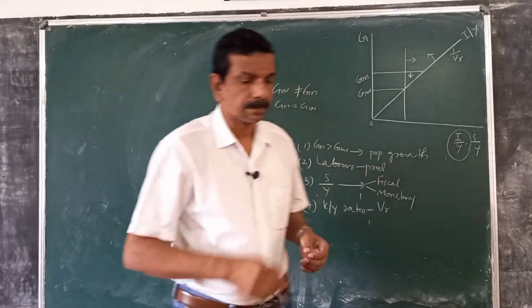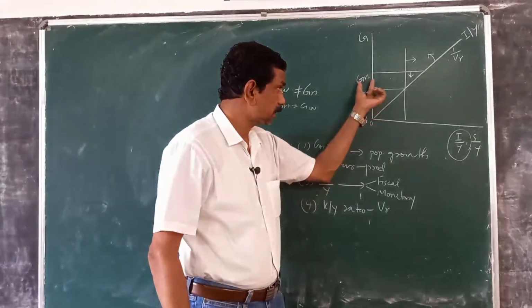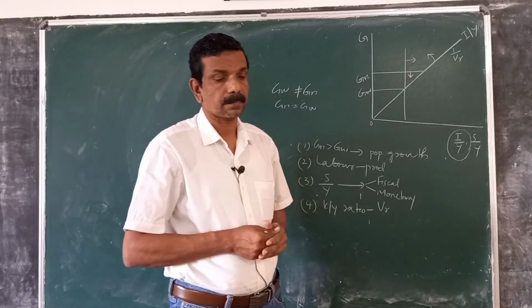Now, the figure is the case in which GN is greater than GW.